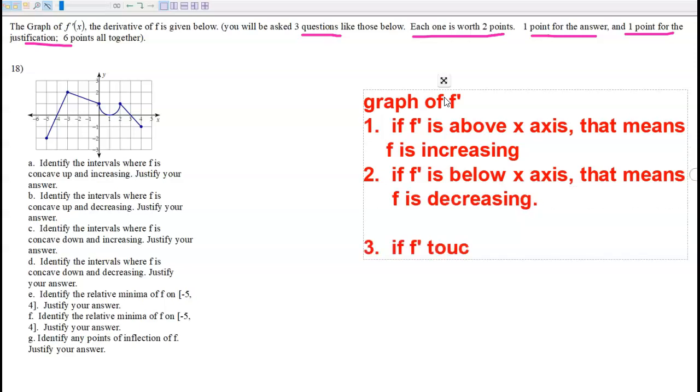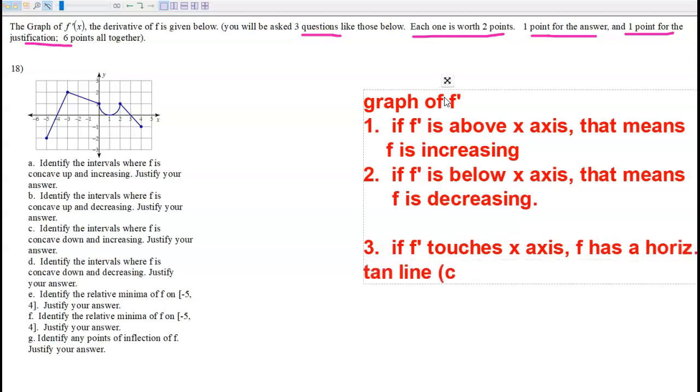If f prime touches the x-axis, that means that f has a horizontal tangent line, which is very often a relative min or max. Anytime you've got a horizontal tangent line, you very well may have a relative minimum or a maximum where it touches the x-axis. So that's one thing that we know.